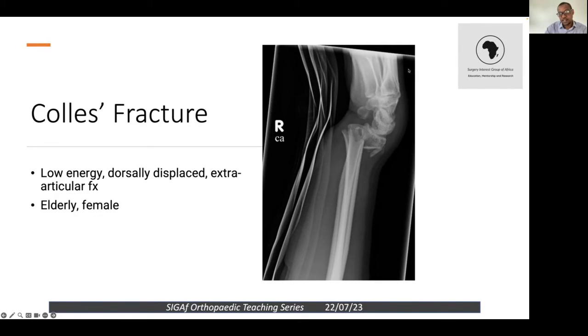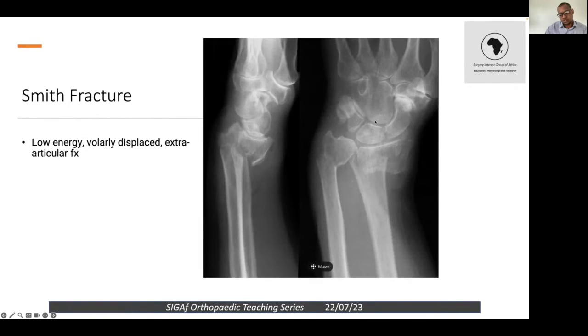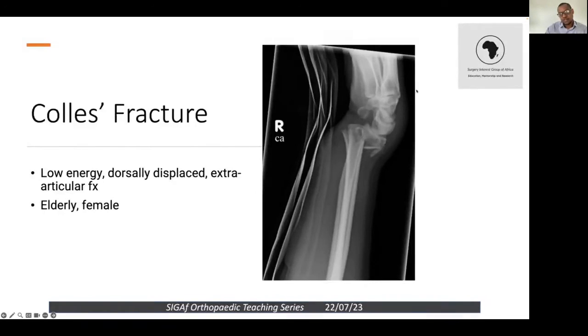So this is the front, this is the back, and we know the distal radius is at the back. So it's a distal radius fracture, which is dorsally displaced. And you can almost see that typical dinner fork appearance if you look at the soft tissue definition all the way through there, that dinner fork appearance of the fracture.